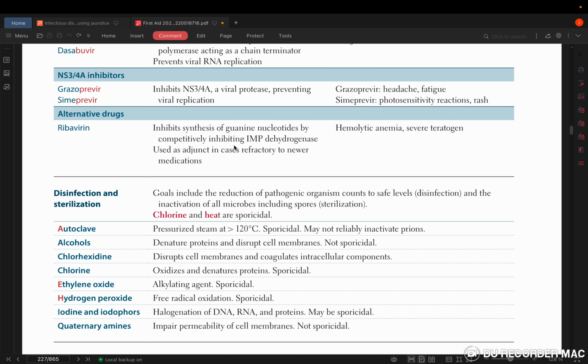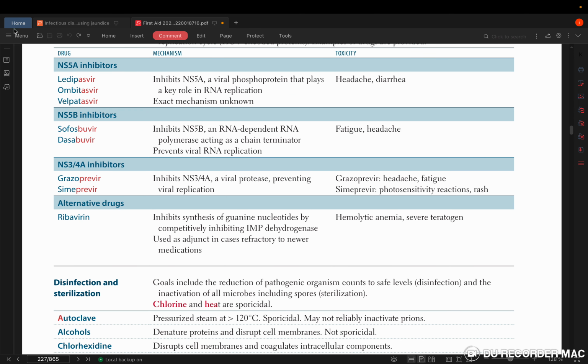By competitively inhibiting the IMP dehydrogenase. So it's used as an adjunct in cases refractory to newer medication. Guys, to be fair with you, back in the time, we only used ribavirin as the treatment for hepatitis C. But now it's becoming the secondary therapy because we have much better drugs, which are the drugs I just showed you.